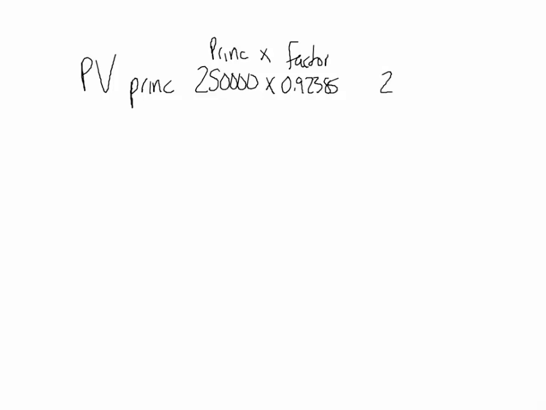And that is equal to $230,962.50. So if I received $250,000 in 4 years' time, I could buy the equivalent package of goods as I could buy today at $230,962.50. Is everybody clear about that? Thumbs up if you are.